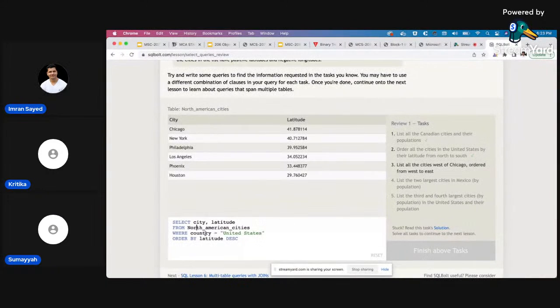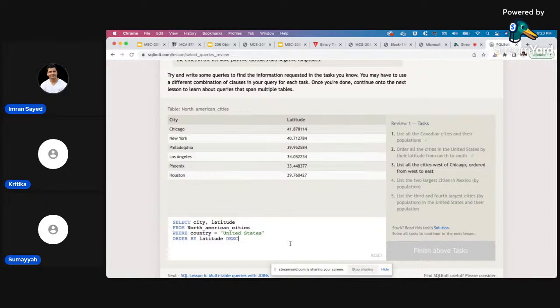That's why we said country, and we kind of assumed that because they want us to order in that fashion, it's best to get latitude also listed, so we can see if it's correct or not. I don't think the examiner is going to penalize you if you added this. But if that part is not mentioned in the question anywhere, then it does not make sense to list that.